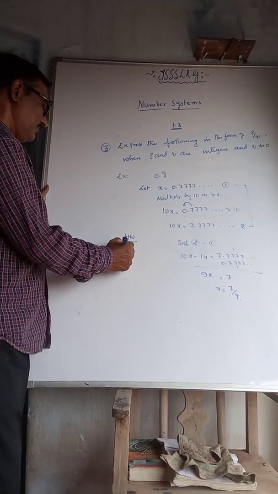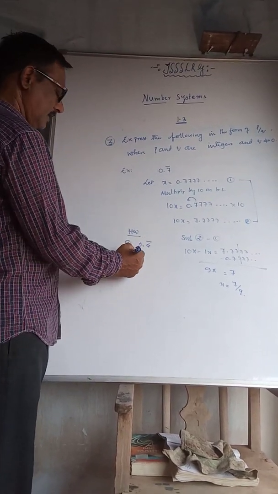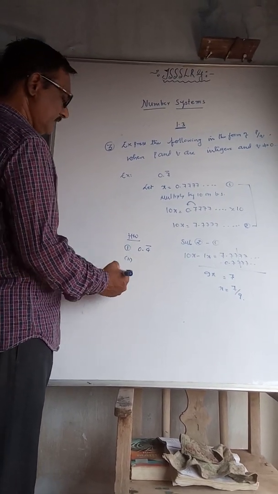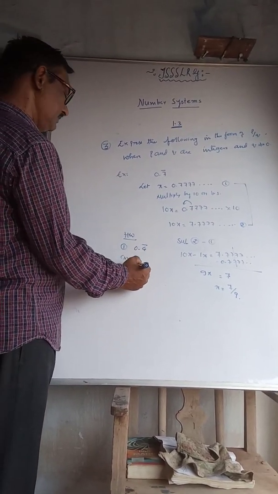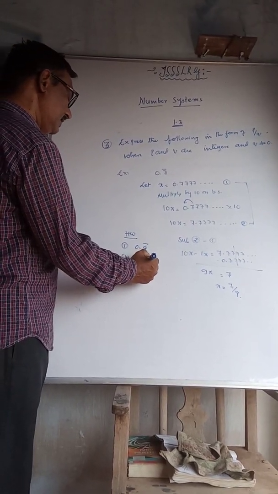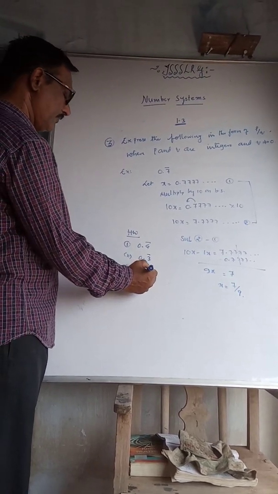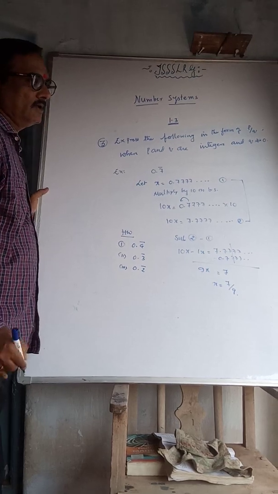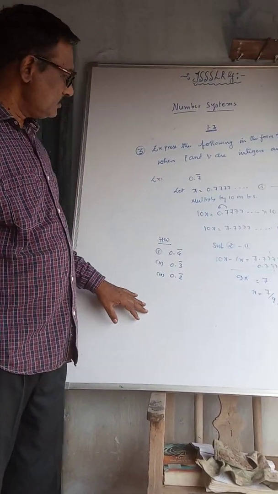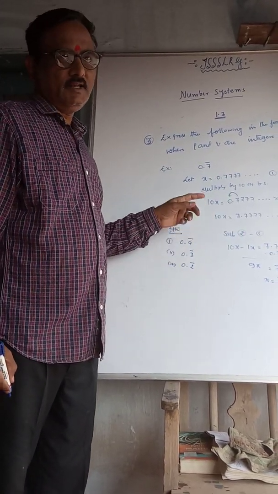The first problem is 0.4 bar, the second problem is 0.3 bar, and the third problem is 0.2 bar. We are going to work out these 3 problems so that you understand this particular problem very nicely.